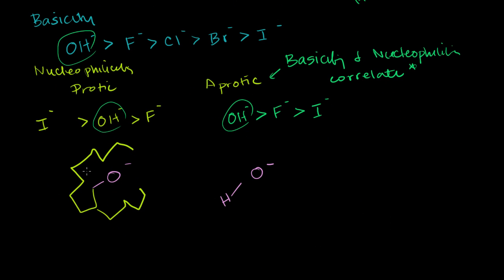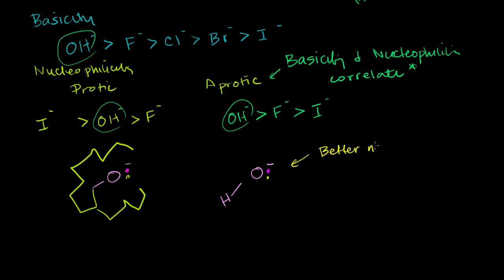In this nucleophile right here, it might be hard for this extra electron to actually get to the target nucleus. It will be hindered. While in this situation, it will be much easier. Even though the group that's reacting, this oxygen that has a negative charge, this extra electron, is on some level fairly equivalent, this one right here is a much smaller molecule. It'll be less hindered, easier to get in. So this will be a better nucleophile.